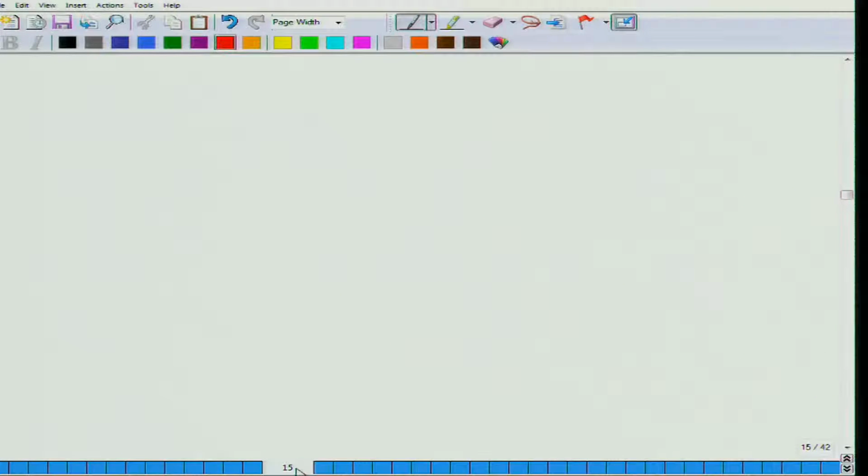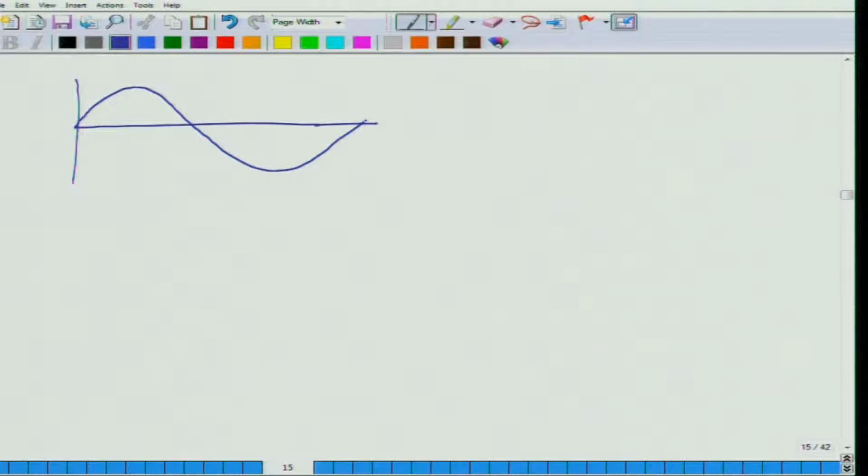Okay. So, what is an analog signal? Suppose you have a sine wave, this is time, let us say this is voltage. This is an analog signal because you have infinite number of points in a time interval.